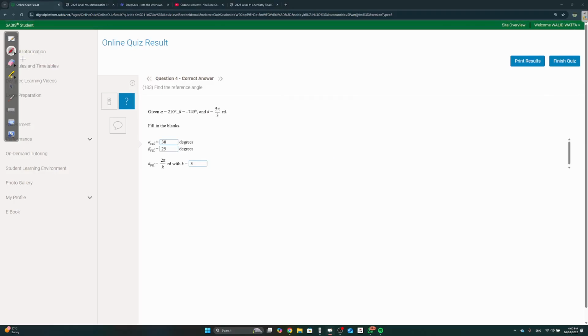Okay, reference angles. Reference angles are very easy, but it just needs a bit of thinking. It would be very helpful if you graph. This is your graph over here: 0 degrees, 90 degrees, 180 degrees, and 270 degrees. This is 0/360 degrees, right? If I have alpha as 210 degrees, where is it going to be?